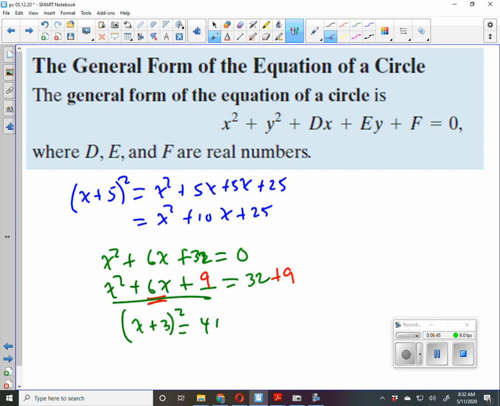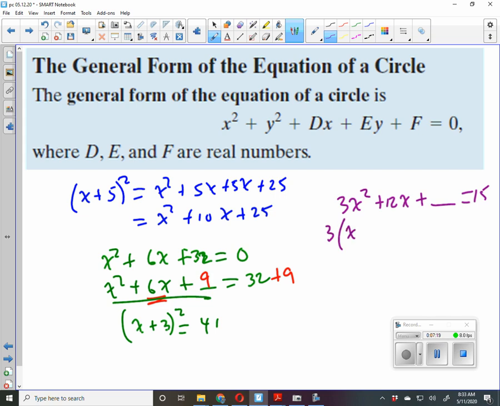Now, what happens if that has a 3x squared plus 12x plus something equals 15? I want to pull out the 3's.